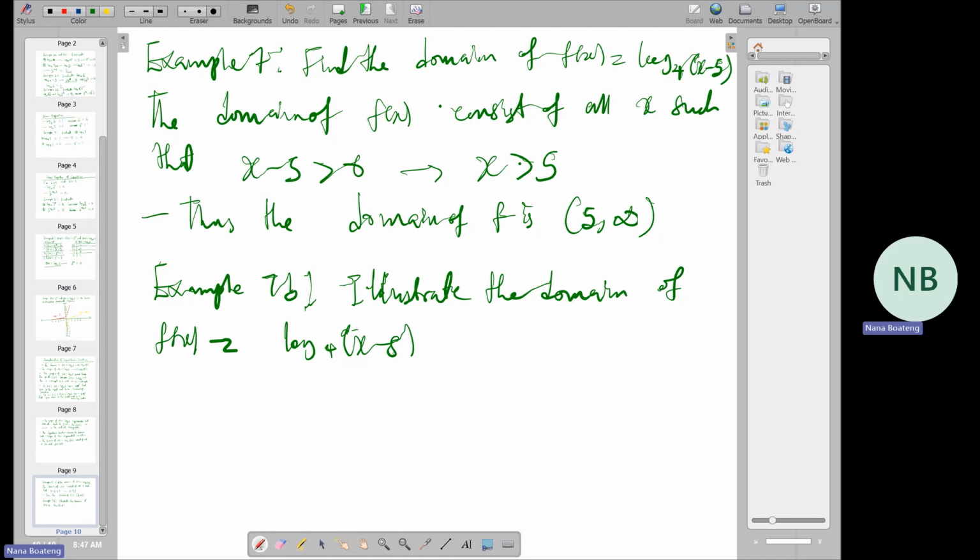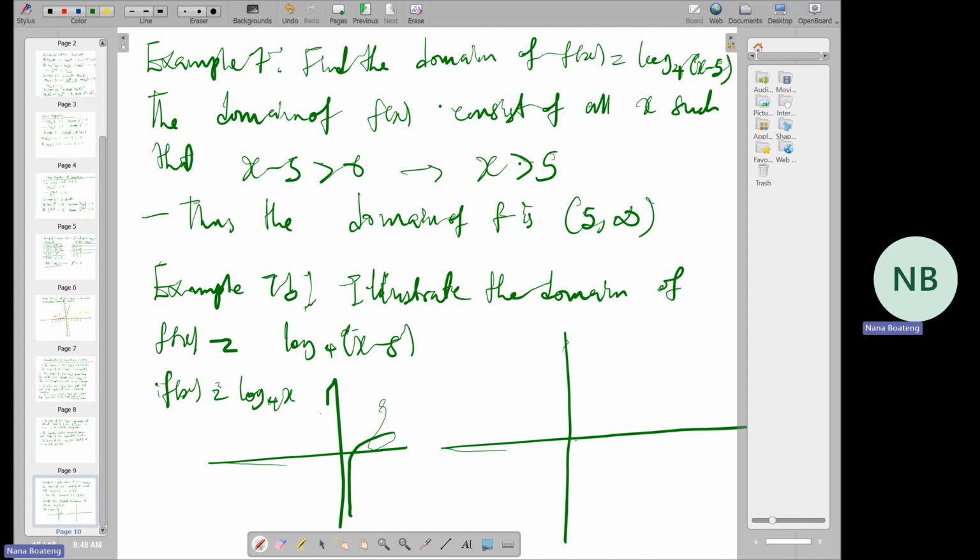So how do we illustrate this domain on a graph? The generic graph of f of x equal to the log base 4 of x will look something like this. And x minus 5 means it's been shifted to the right by 5 units.